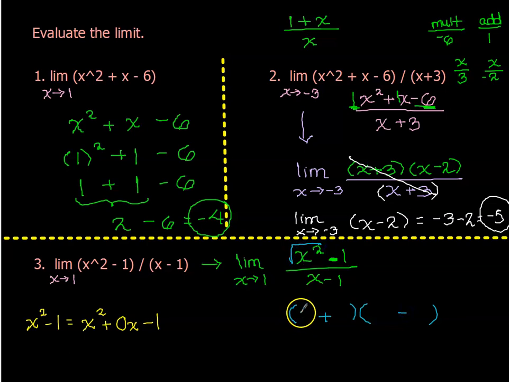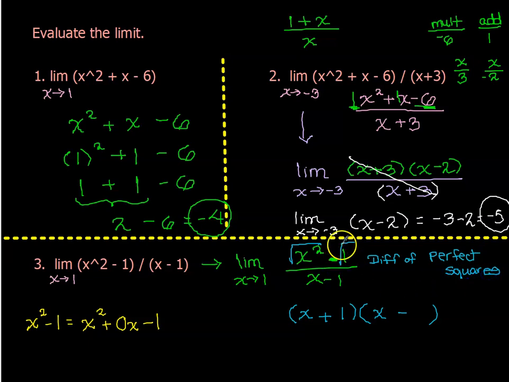The square root of x squared is x, so each parenthesis starts with x, and the square root of 1 is 1. I'm not taking that minus sign because this is called a difference of perfect squares. The minus sign has already been compensated for with that plus and minus.